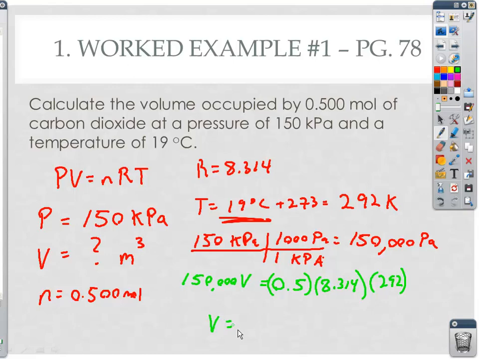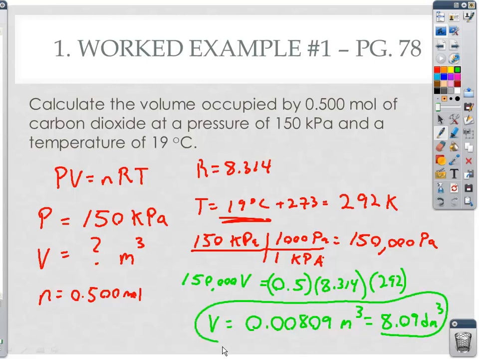So volume comes out to be 0.00809, 3 sig figs, meters cubed, which is 8.09 decimeters cubed.